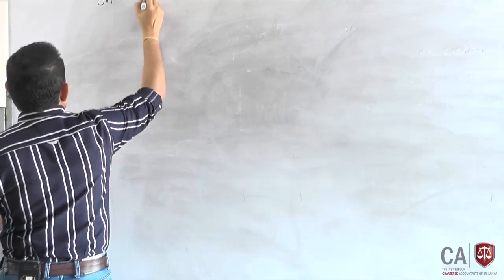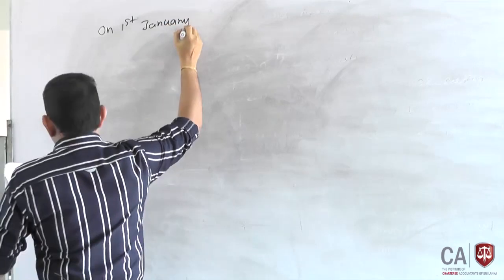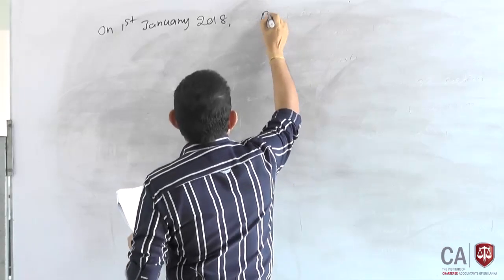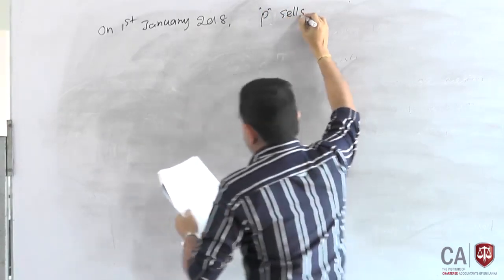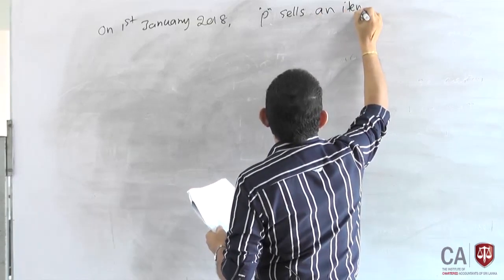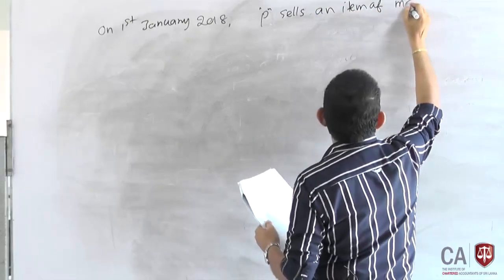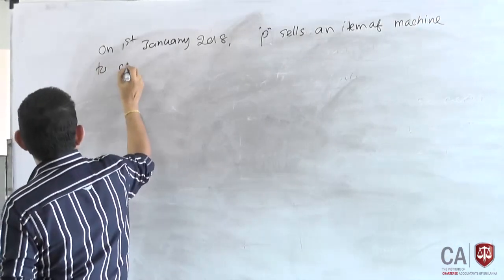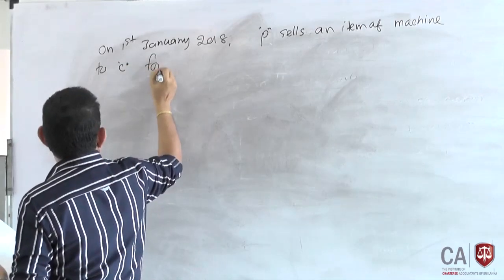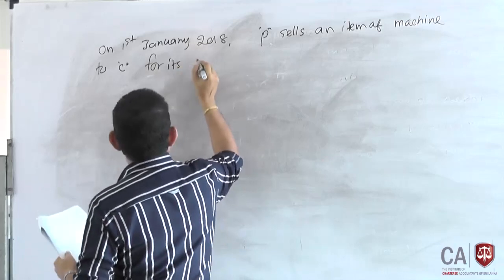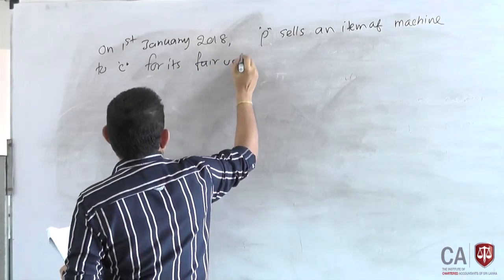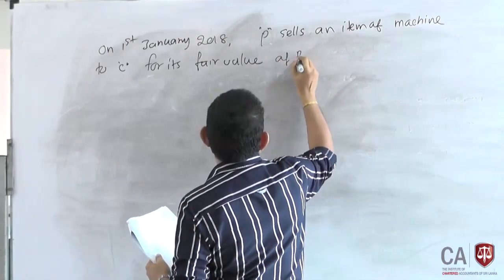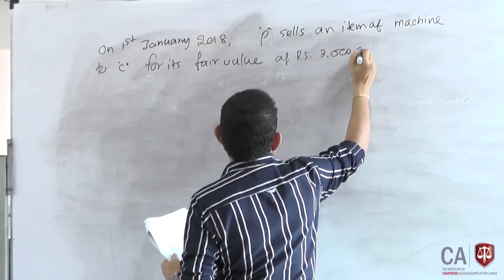On 1st January 2018, P sells an item of machine to C for its fair value of rupees 3 million.